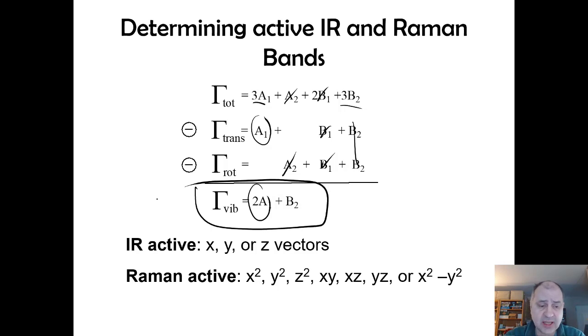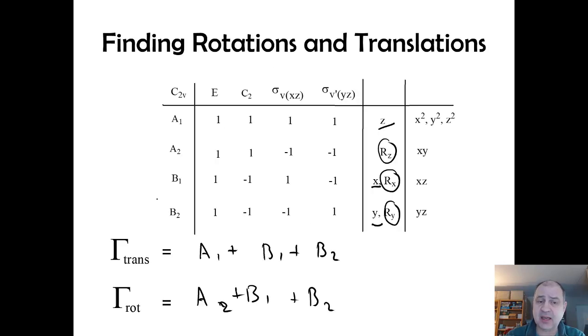And then the last question I'll ask you is which ones are IR and Raman active. Any Mulliken symbol that has something next to it. So in this case, if you look at the Raman and IR bands, what did we have here?